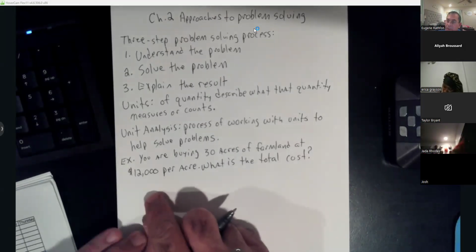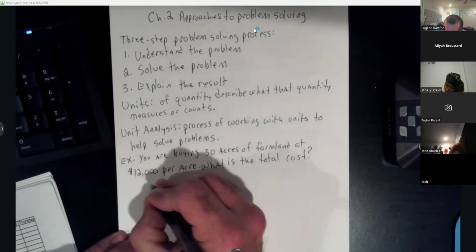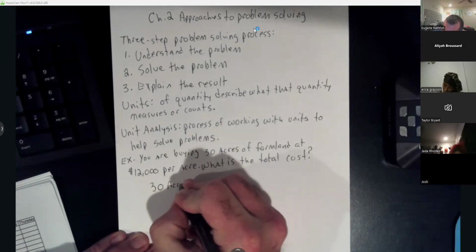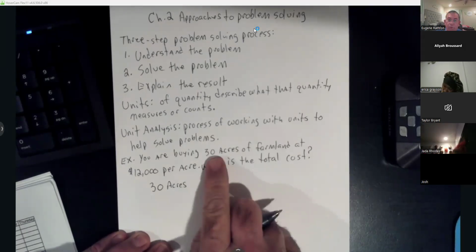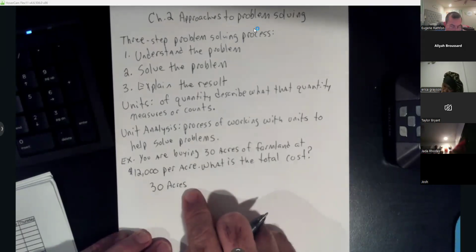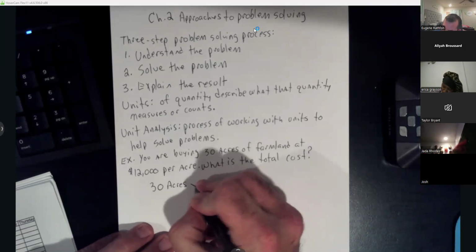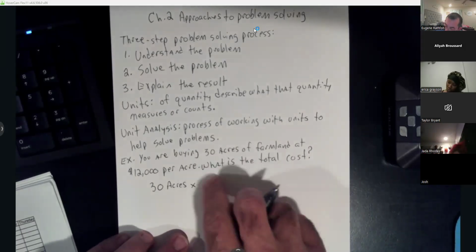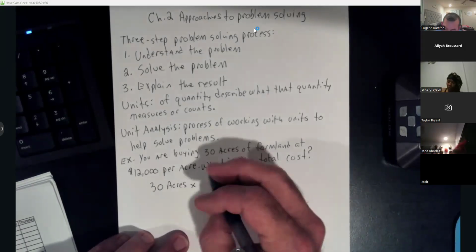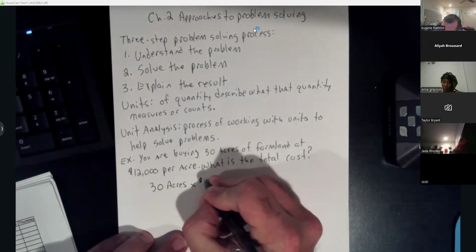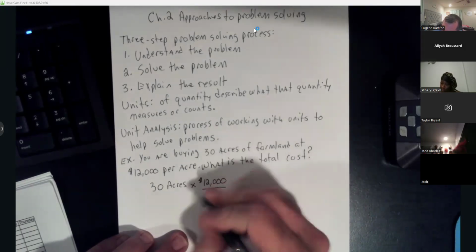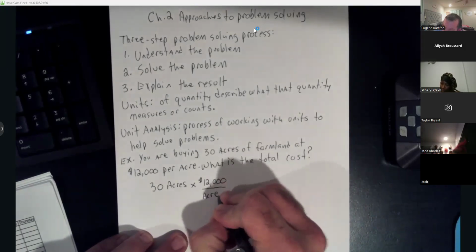All righty. So let me show you some unit analysis. I got 30 acres. So I'm starting with my 30 acres. I'm going to multiply that by the price per acre, which was $12,000 per acre.